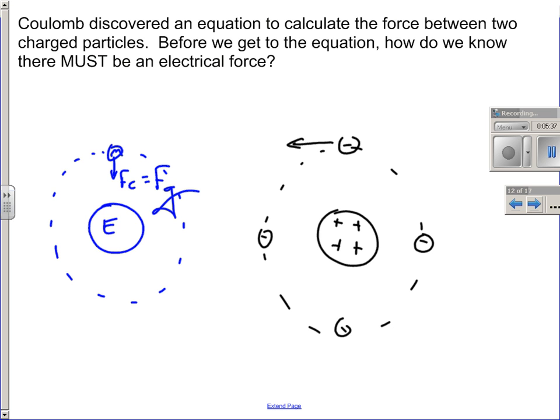It turns out that, yes, both the electron and the nucleus have mass, so technically speaking, there is a teeny force of gravity attracting the two. But it's so tiny that it would not be enough to hold an atom together. So there has to be another force. And what we know now is that's an electrical force that prevents those electrons from floating away from the nucleus of the atom.